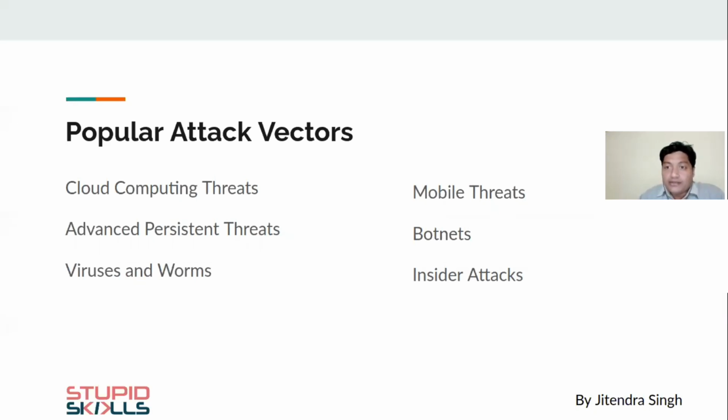Then there are mobile threats, the devices that you wear, your watches, Fitbit bands. These IoT devices, all of these things are still new and we all are exploring them.